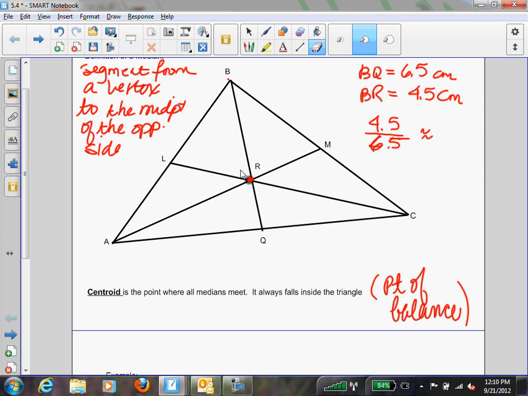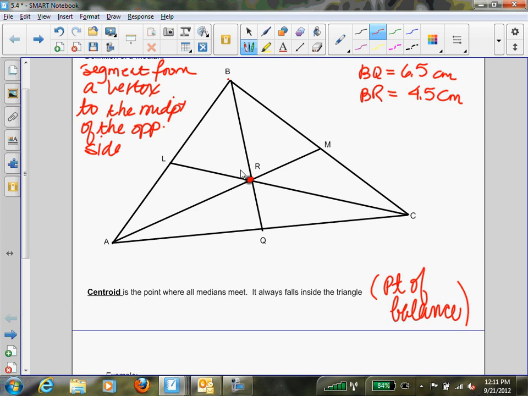Okay, so this didn't work. It probably would have worked if you used the paper ones. So what you should know is that BR is 2/3 of BQ. Again, we're on the computer, we're measuring.